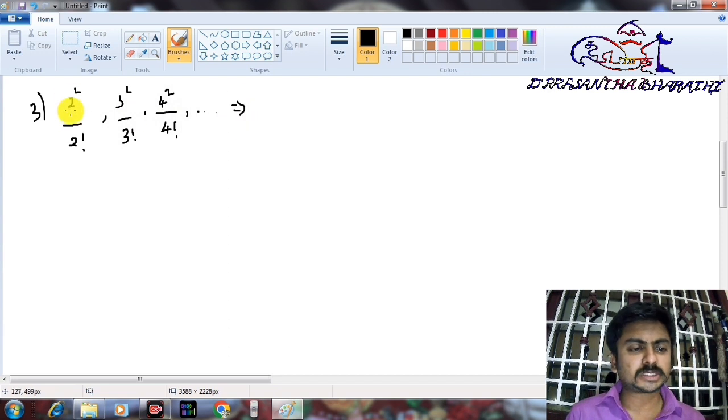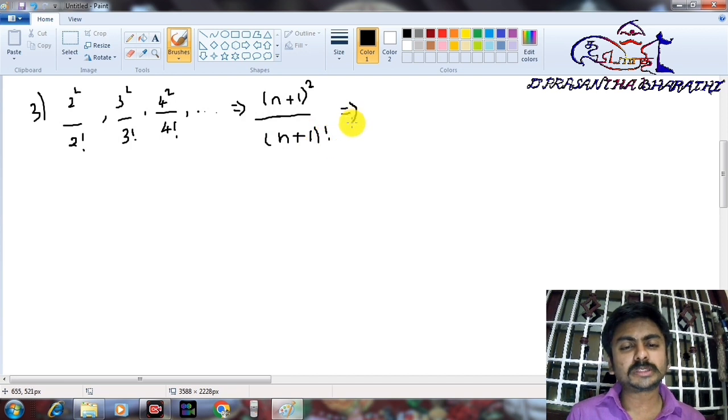Since the first term is not 1, the first term is 2, the second term is not 2, it is 3. So the nth term will not be n, it is n plus 1. Whatever is in the numerator, the same term is in the denominator. So in the numerator we will have n plus 1 the whole square, and in the denominator we will have n plus 1 factorial.